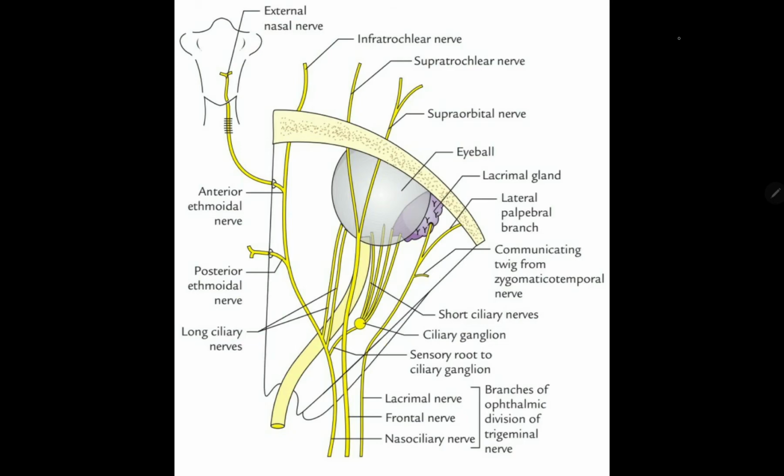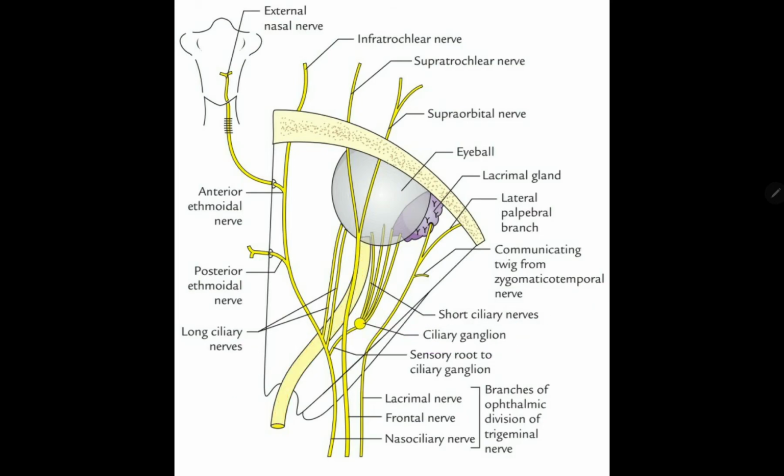This one is the optic nerve. I am writing ON. One muscle is not seen here. This is the ciliary ganglion, which is lateral to the optic nerve.